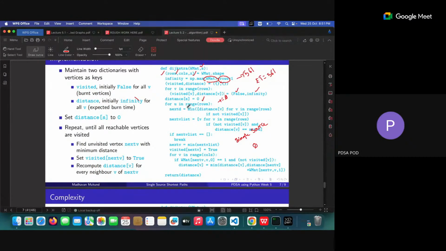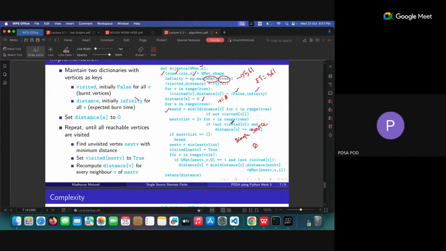After that, every time it finds the minimum distance to all adjacent vertices. From the 0, it tries to find out the minimum. That is considered as the next distance to visit.